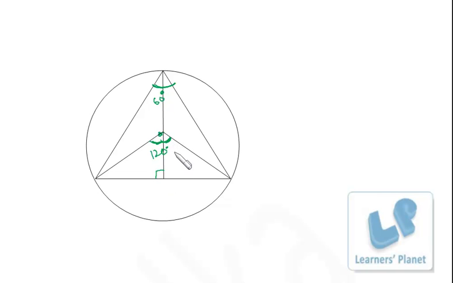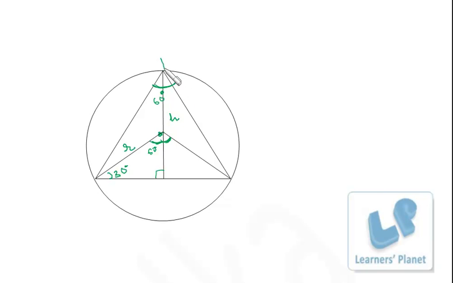So we have this 90 degree, and this portion to be 60 degree, then this will be 30 degree. Now this is the radius of the circle, and this is the height of the triangle.